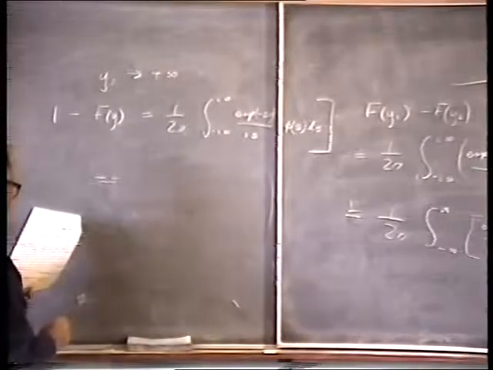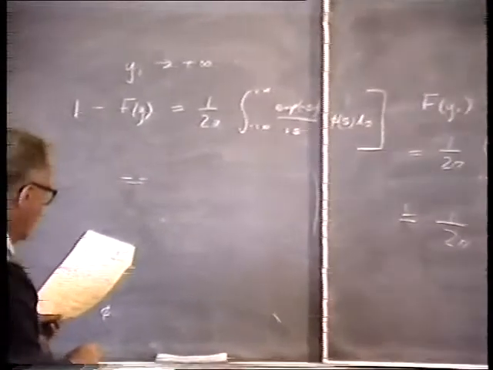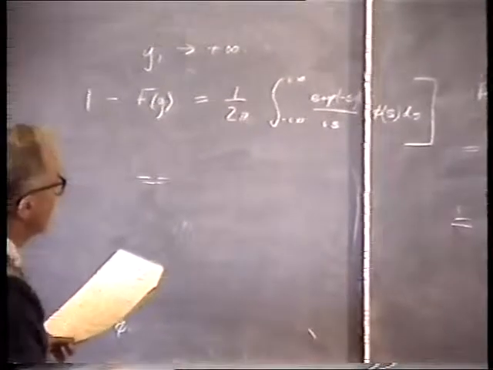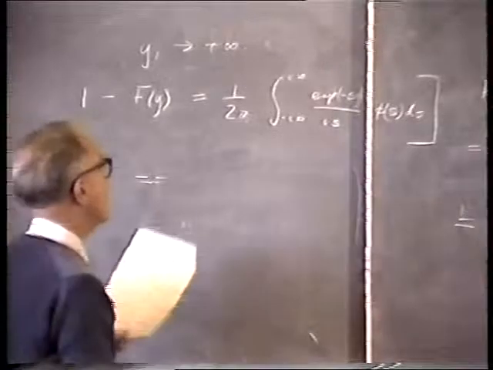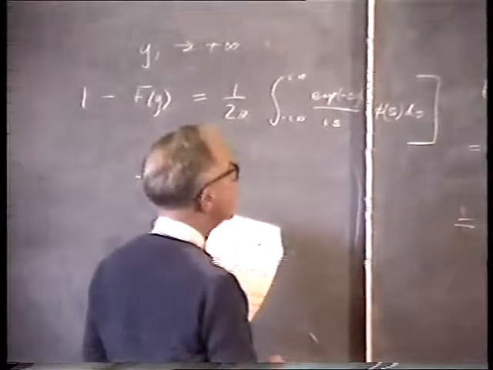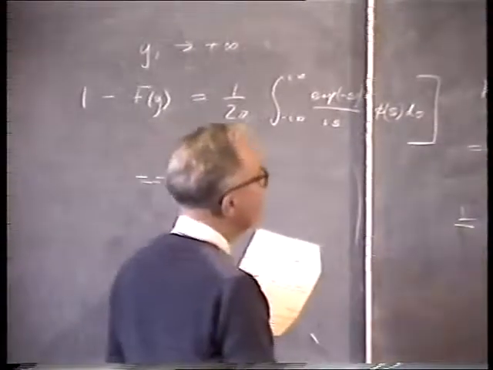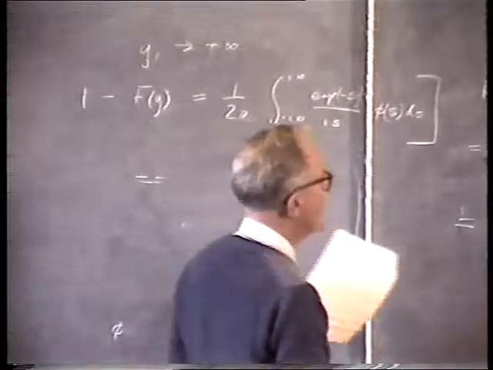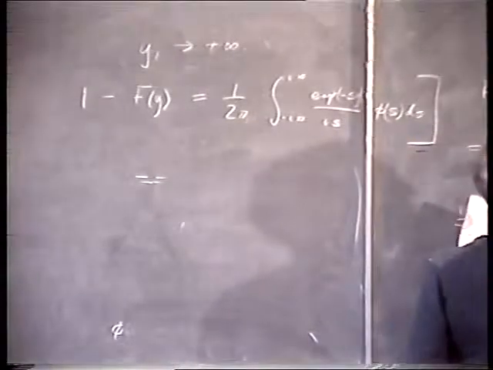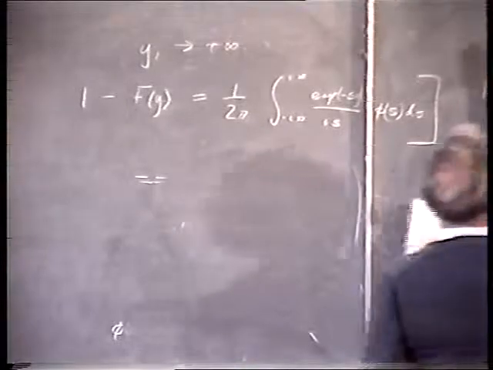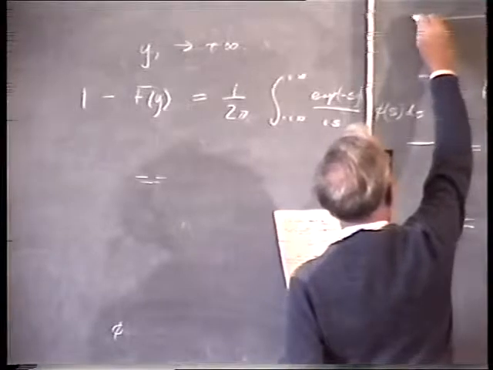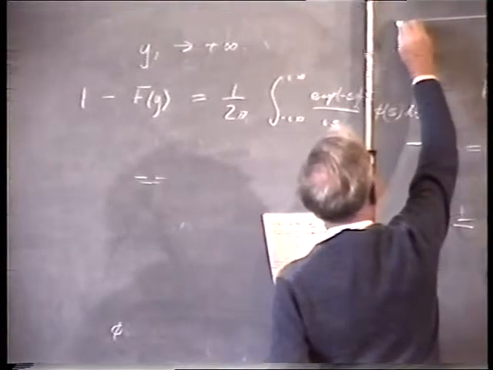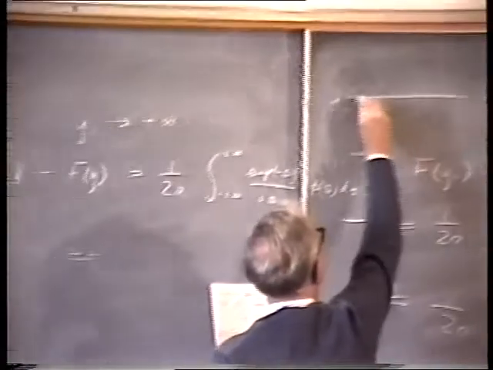What we can do is to write this now in terms of t, and at the same time consider separately the effect of the integral from minus infinity, in terms of t, of course.